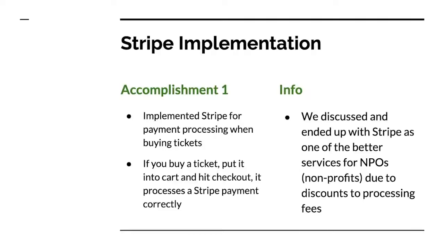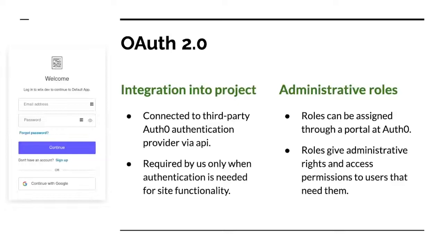Okay, and next I will have Gary talk about our authorization implementation. Hi, I'm Gary. I'd like to talk a little bit about OAuth. OAuth is a protocol for generating, validating, and redacting authorization tokens.